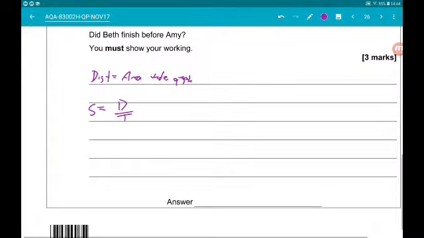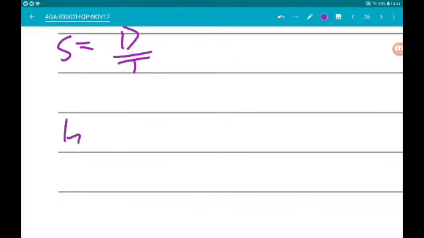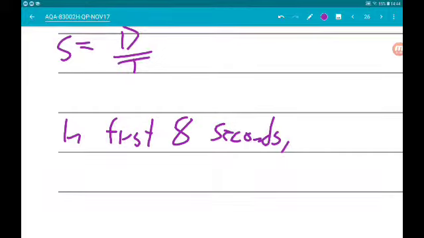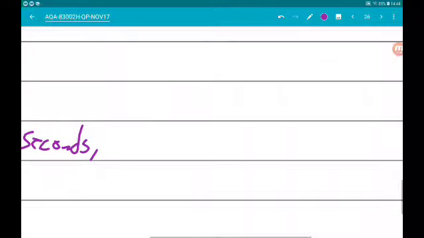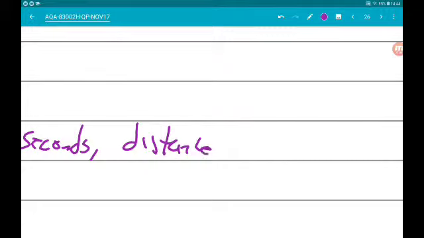So, in the first 8 seconds, the distance travelled is the area of this triangle. So 8 times 9 divided by 2. So that's going to give us 36.